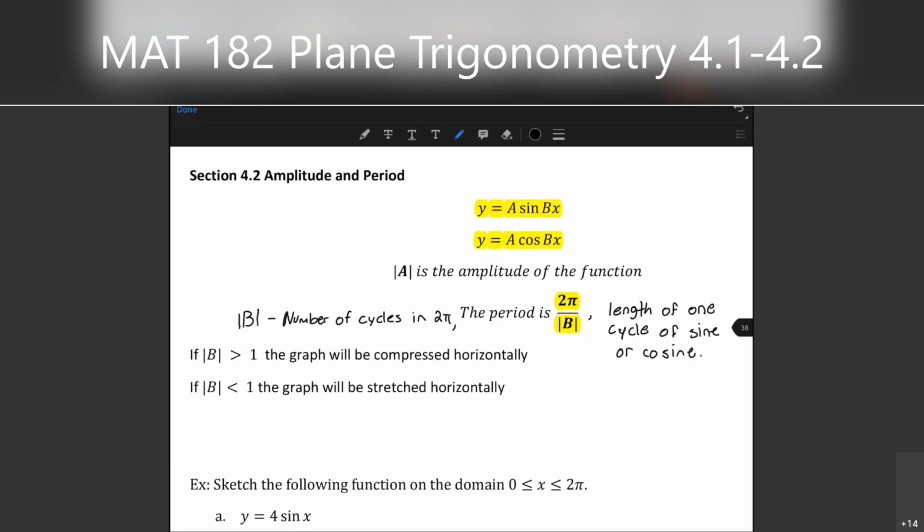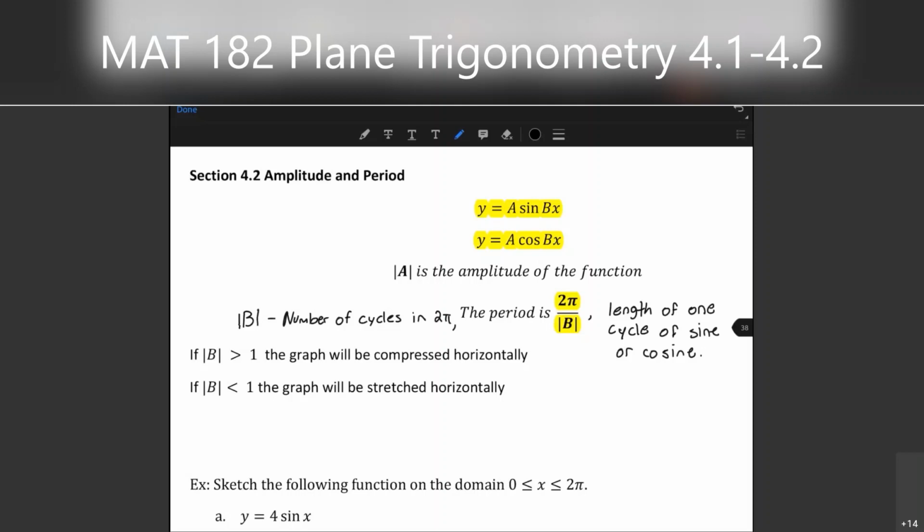And the b value, we can interpret as just the number of cycles that happen in 2 pi. So if the b value is 1, then we're just going to have 1 cycle in 2 pi, and the period would be 2 pi.